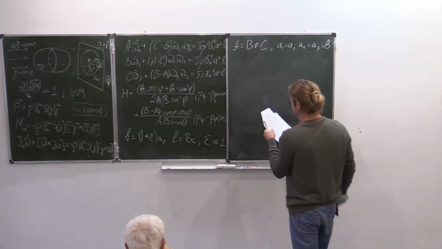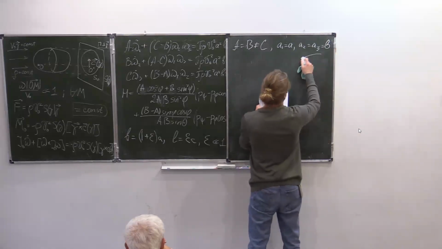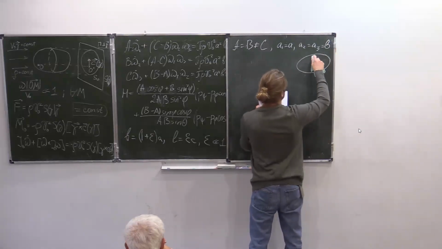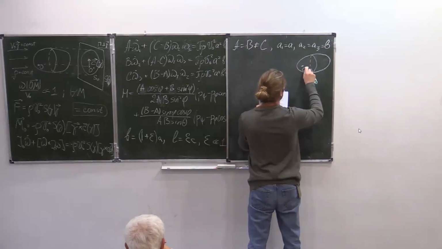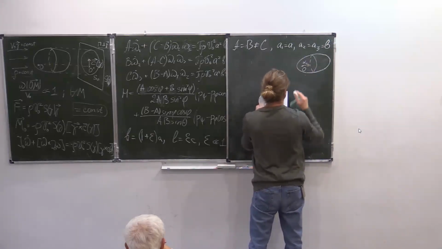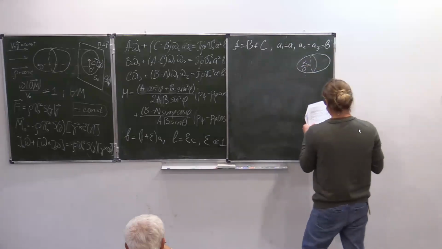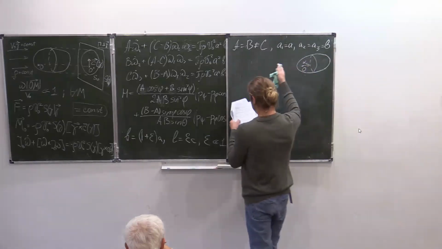A fixed point is located in the equatorial plane of the ellipsoid of inertia. That is, the following relations are fulfilled.